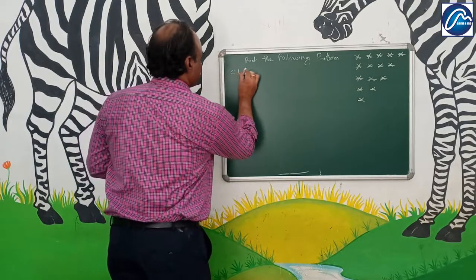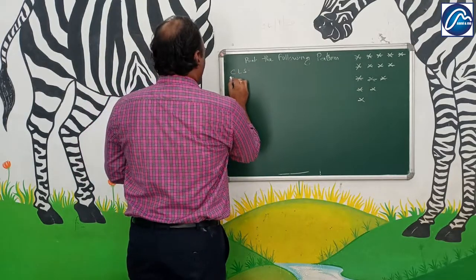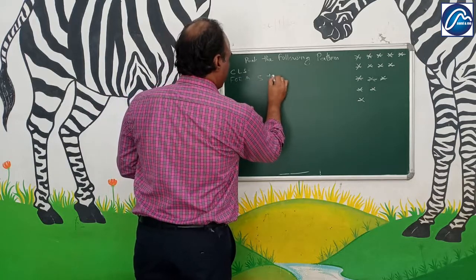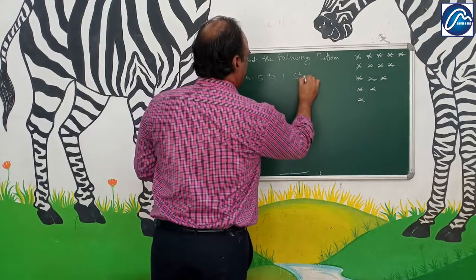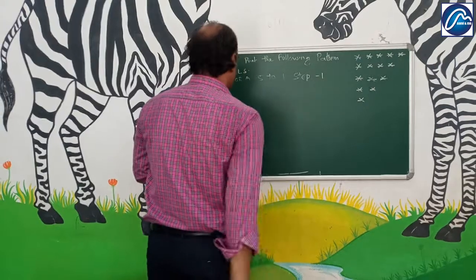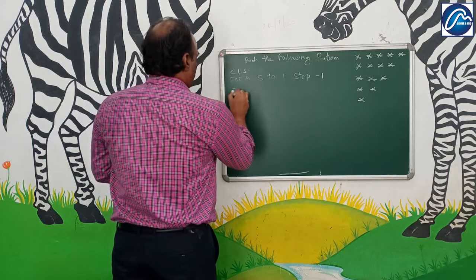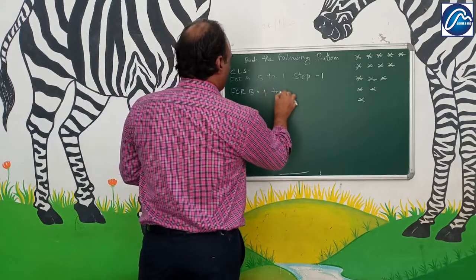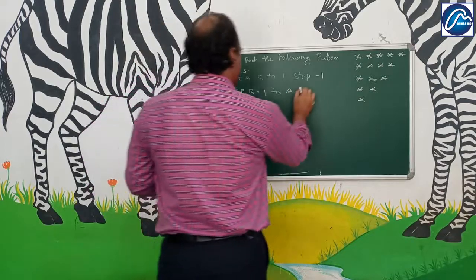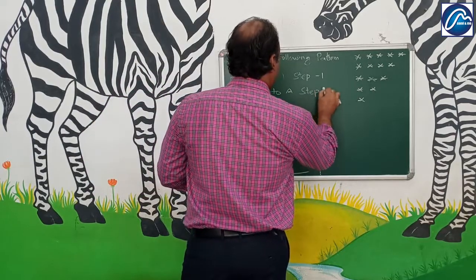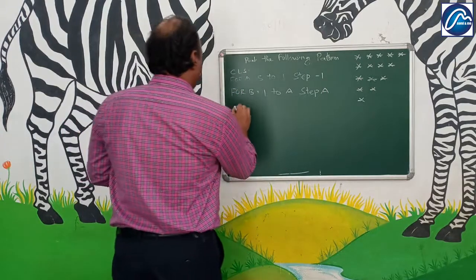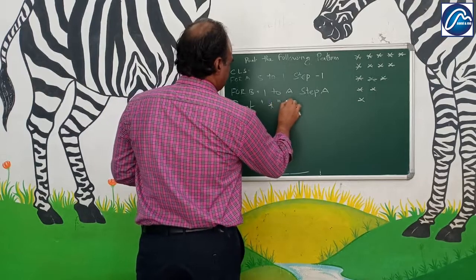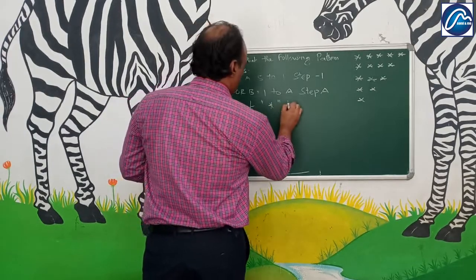First will be CLS, for A is equal to 5 to 1, step -1. For B is equal to 1 to A, step A, print asterisk followed by semicolon.